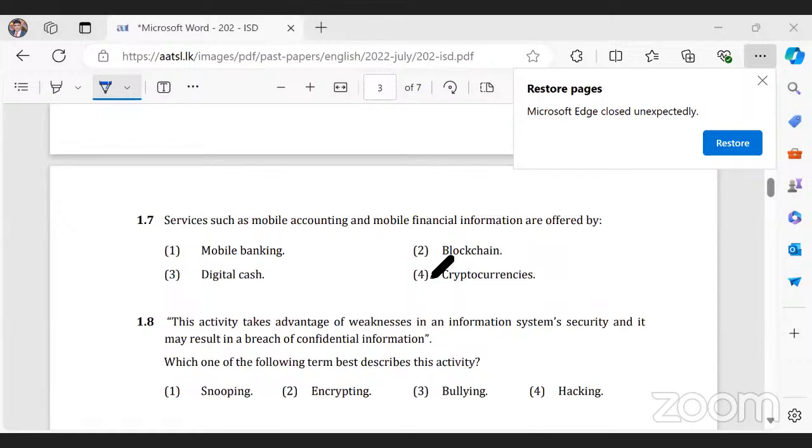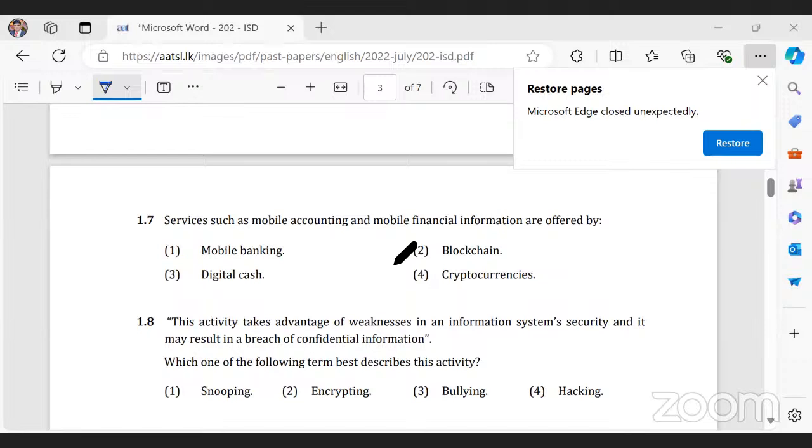Services such as mobile accounting and mobile financial information systems are offered by: mobile banking, blockchain, digital cash, cryptocurrencies.